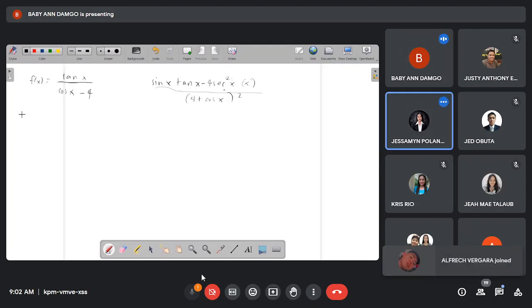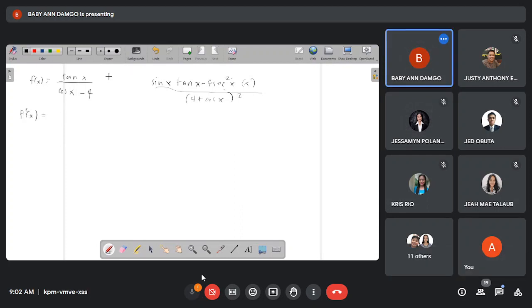Okay, let's get the derivative. This is of the form u over v. So the derivative of u over v is v u prime minus u v prime all over v squared. Your v here is cosine x minus 4. What is the derivative of tan x?